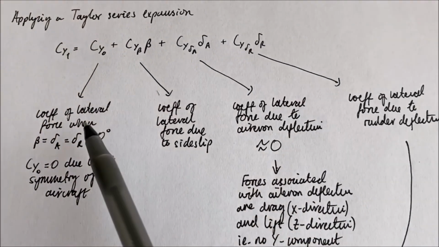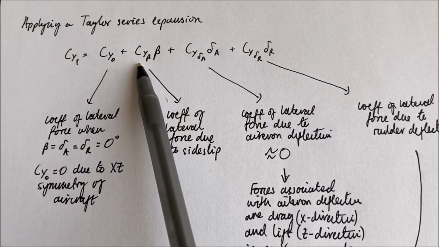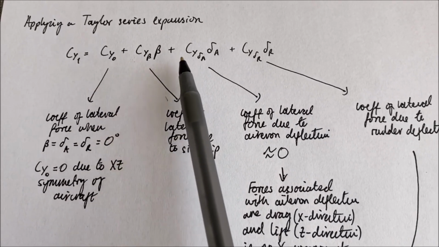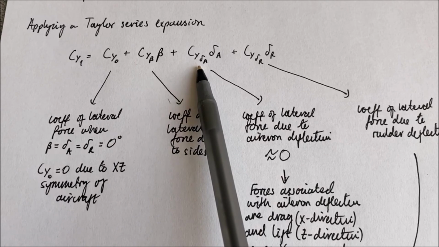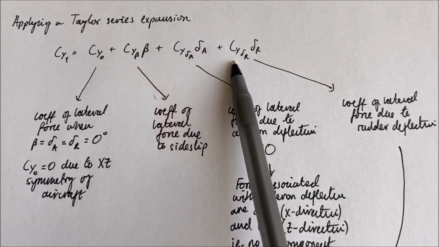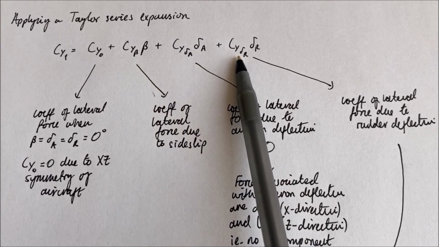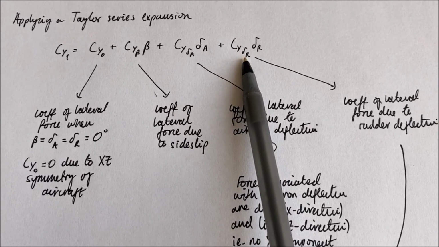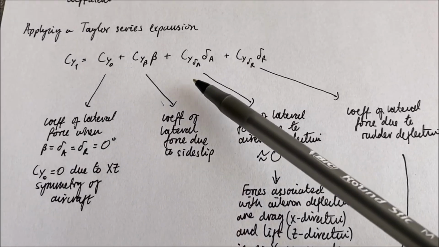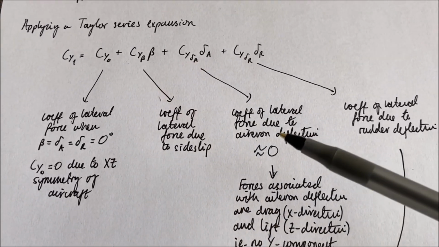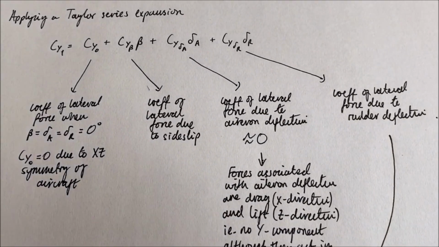Then up here we have coefficient of lateral force due to side slip, coefficient of lateral force due to aileron deflection angle, and coefficient of lateral force due to rudder deflection angle. Now the easiest one of these to deal with is coefficient of lateral force due to aileron angle.